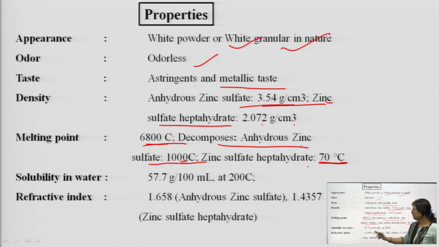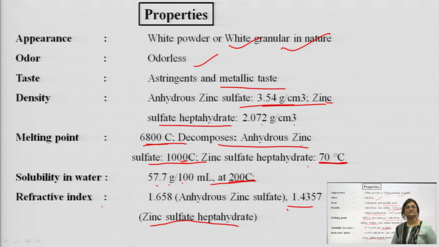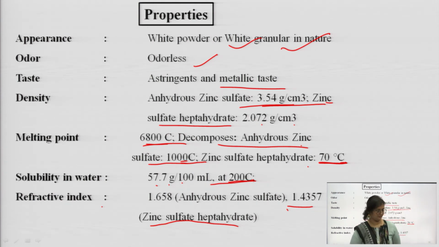Zinc sulphate is soluble in water in the ratio of 57.7 grams per 100 ml. The refractive index of zinc sulphate is 1.658, and 1.4357 is the refractive index of zinc sulphate heptahydrate.